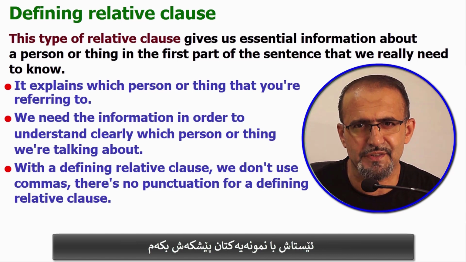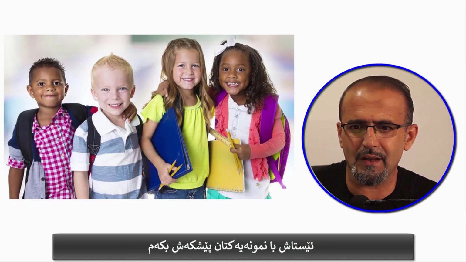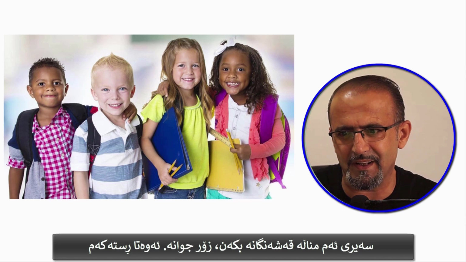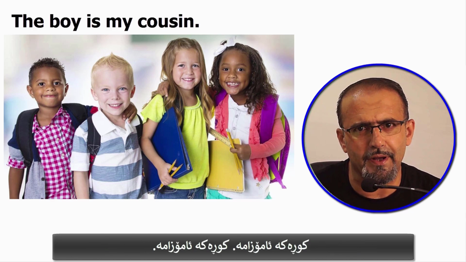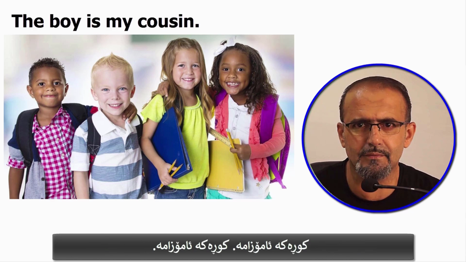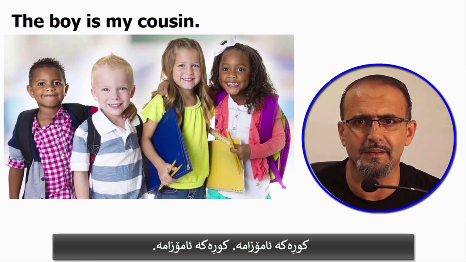Okay? So let me give you an example. Look at these wonderful kids. It's so nice. Here is my sentence. The boy is my cousin. Okay, so the boy is my cousin.